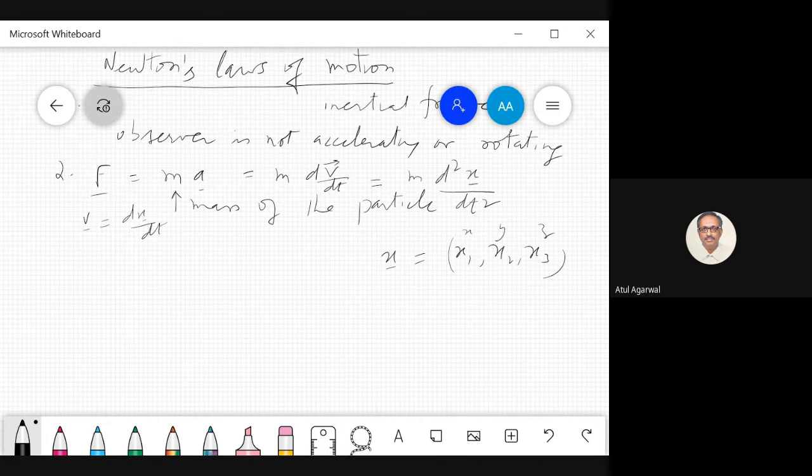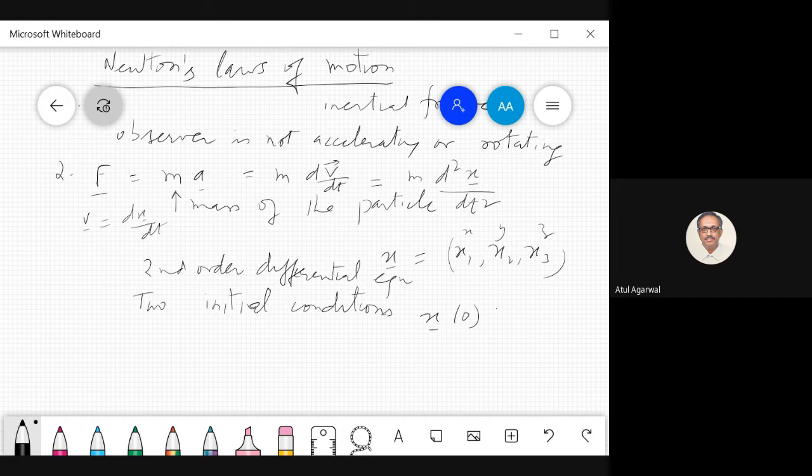So it's a second order differential equation. If you want to solve it, you need two initial conditions. If it was first order, you would have needed one. Since it is second order, you need two initial conditions. And what are those?